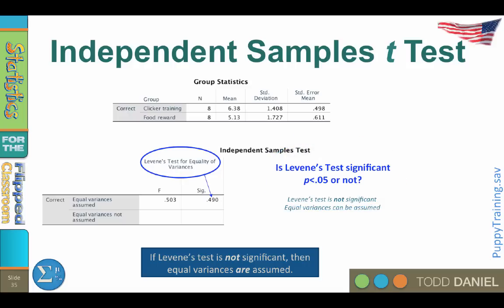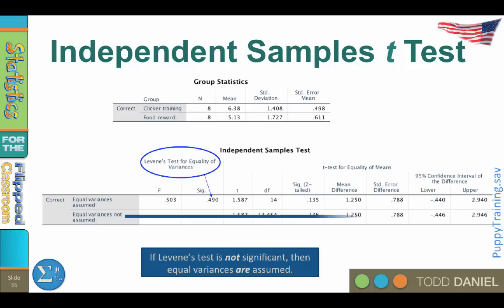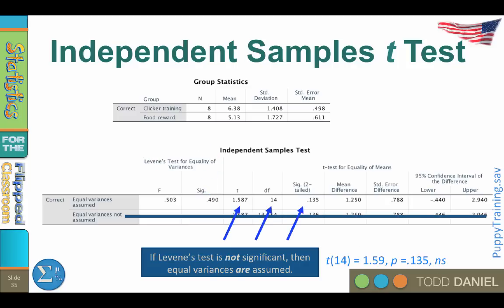This Levene's test is not significant. Therefore, the variances are not statistically significantly different. Therefore, the variances can be assumed to be equal, or close enough to equal. We will then interpret off of this top line where it says equal variances assumed.